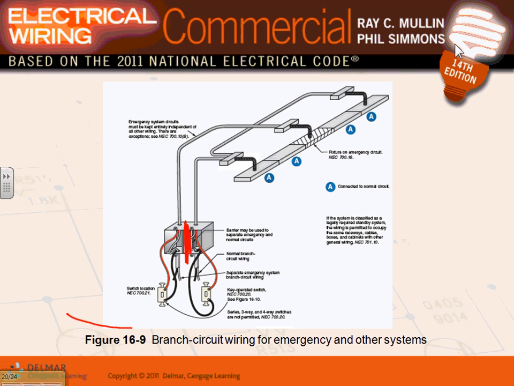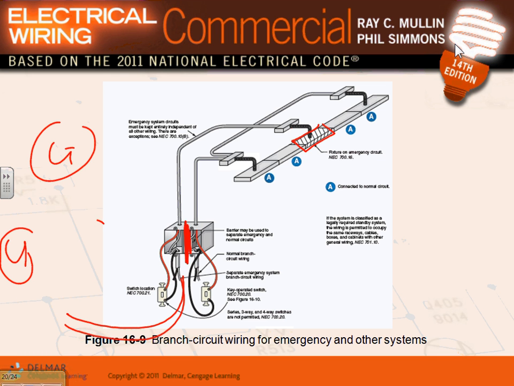I have my emergency circuit coming from here, going to this fixture right in here. Can you see that? This circuit is actually coming from a generator, and there's utility, and it's somehow through an auto transfer switch feeding this circuit. Can you guys see how it's separate?